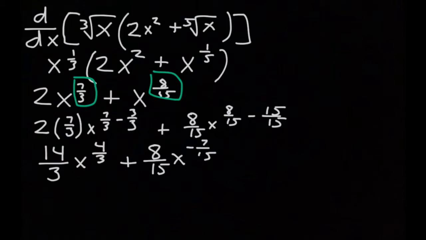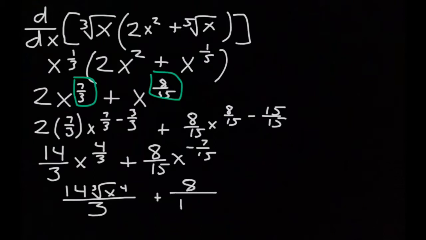So now, let's make this look nicer. So for our first term, we'll have 14 times the third root of x to the fourth over 3. And for the second term, we need to bring the x to the negative 7 over 15 into the denominator. So we'll have 8 over 15 x to the 7 over 15.